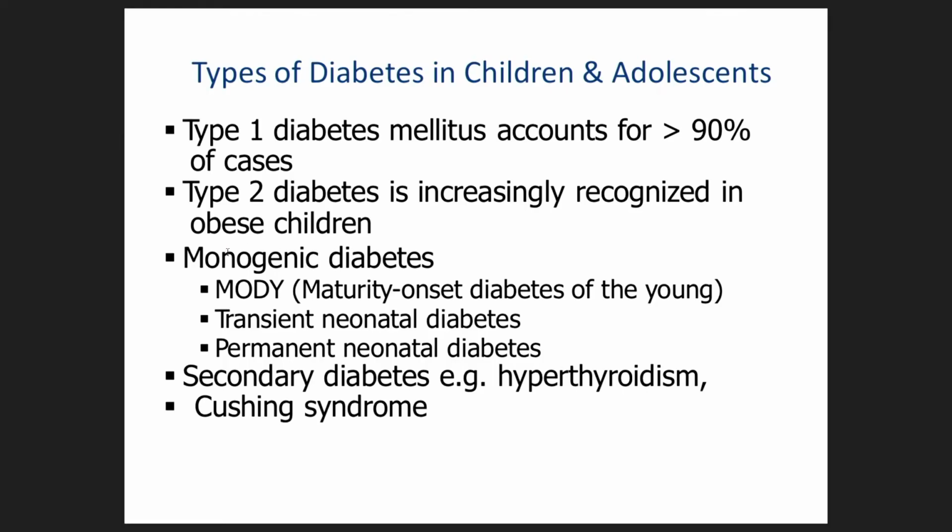There are other inherited forms of diabetes, for example, MODY, as we talked about, maturity onset diabetes of the young, or neonatal diabetes. When we say neonatal diabetes, it means diabetes that happens at an early age, up to the age of 6 months. So from birth up to the age of 6 months, if a baby or infant develops diabetes, it is called neonatal diabetes.